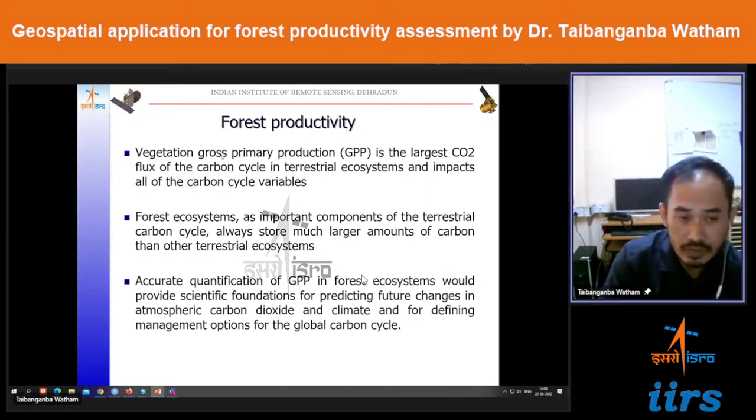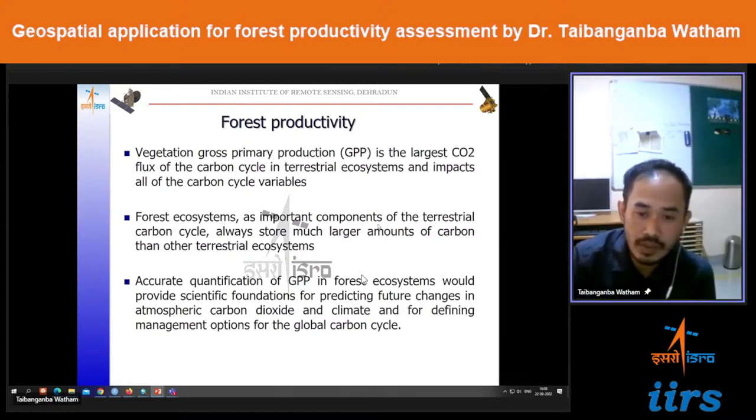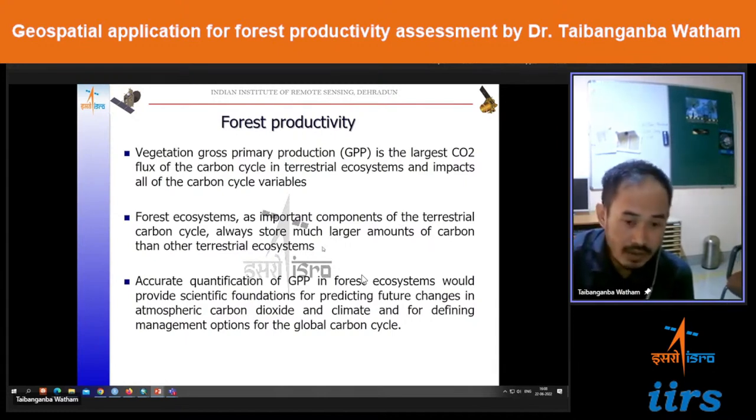And among the terrestrial ecosystems, it is the forest ecosystem which is the most important component, the largest storer of carbon or carbon dioxide in the terrestrial ecosystem.